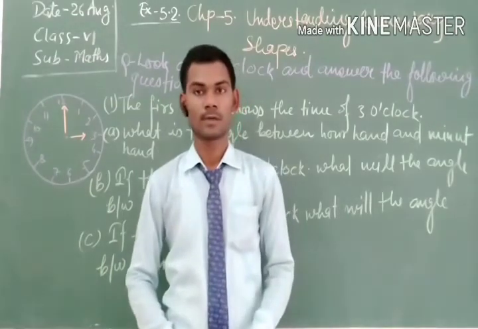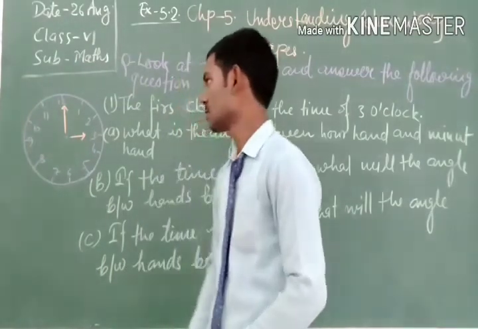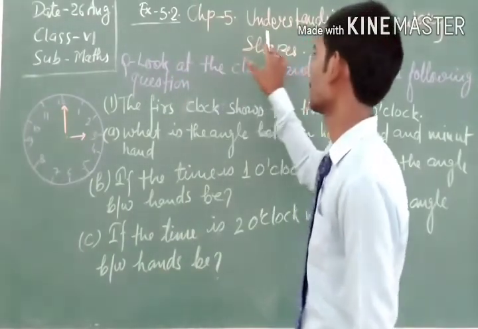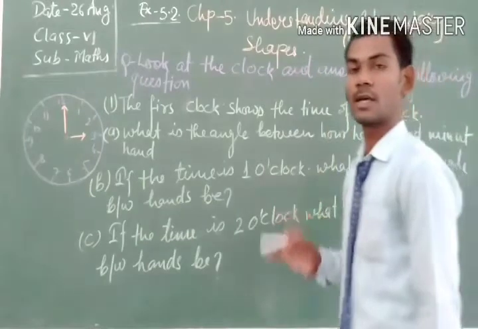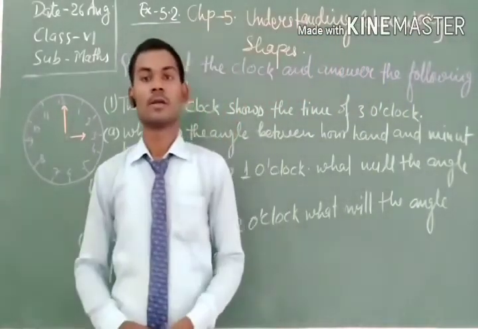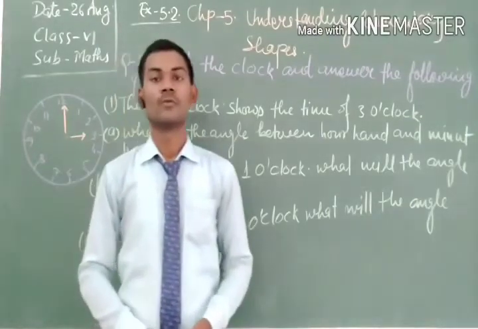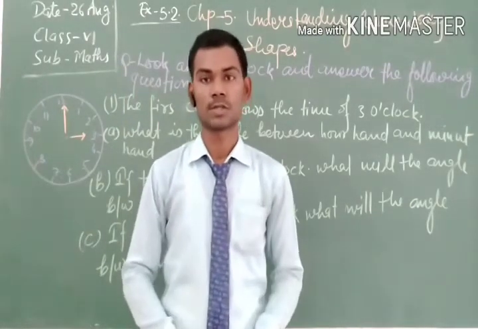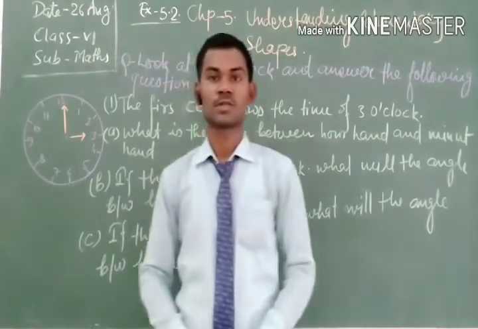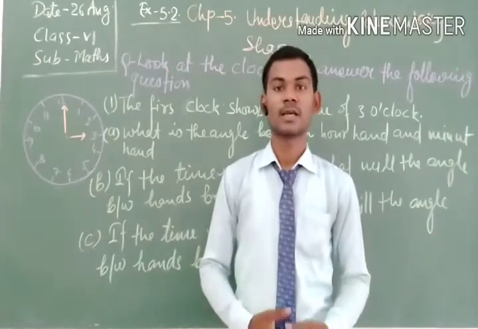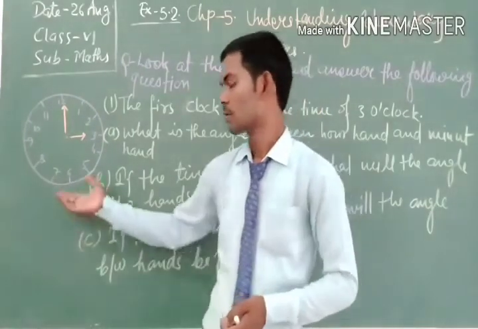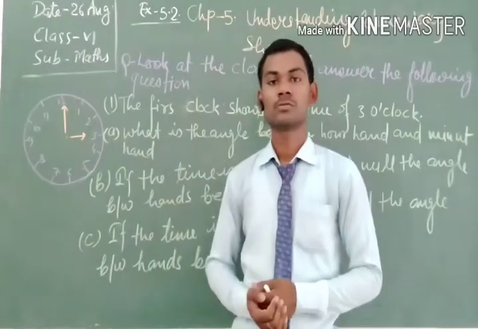Today we have a question from exercise 5.2, chapter 5, Understanding Elementary Shapes. In our last video we also solved a question from the same exercise, and today's question from exercise 5.2 is related to the clock.